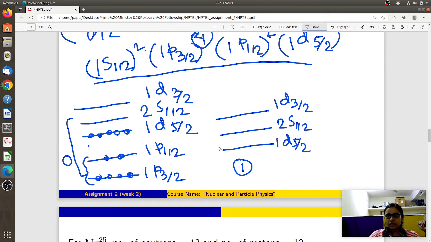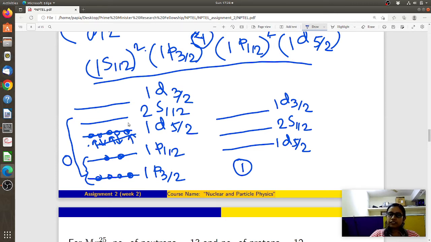Here in the ground state, in the 1d 5/2, there were 5 nucleons. But 5 nucleons is not stable, because due to the Pauli exclusion principle, this up down, this up down, and let's say it is an up. So it's not a stable state.